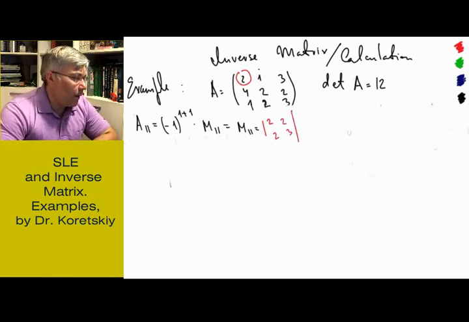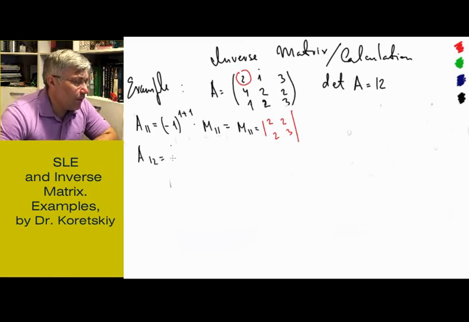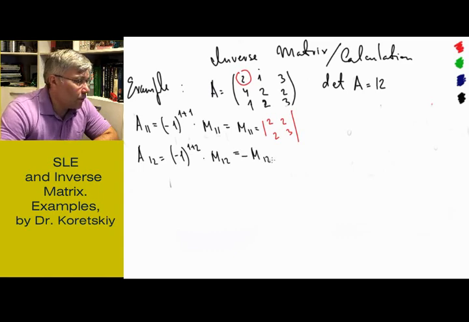Next one, A12, minus 1 raised to power 1 plus 2 times M12, and we have here minus 1 times M12, and it is minus 1 2, the first row, second column, it is 1.